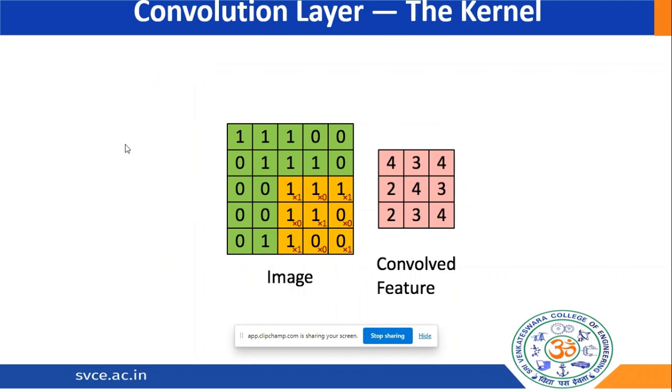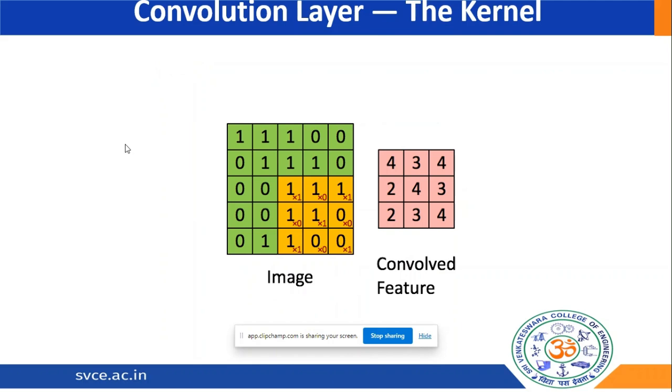So here we are convolving a 5 cross 5 cross 1 image with a 3 cross 3 cross 3 kernel to get a 3 cross 3 cross 1 convolved feature. Here the image dimension is 5 cross 5, that is the height and width, with the number of channels being 1.